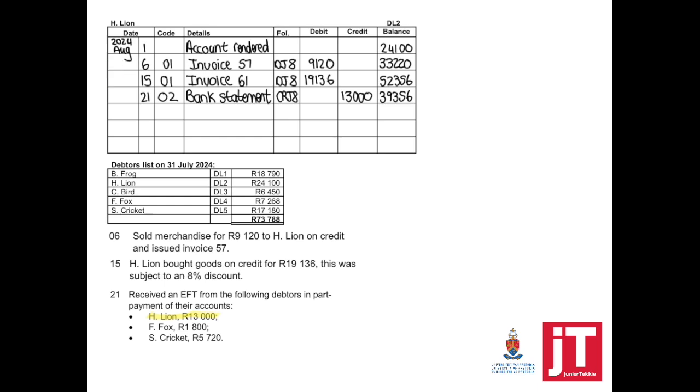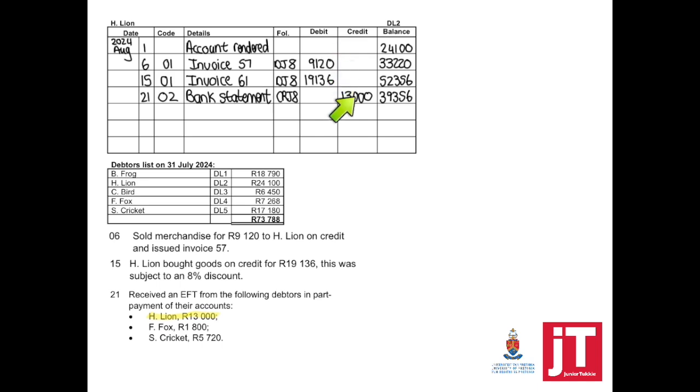And then we have to post all the transactions that happened during that month to the individual's account. Every time you see debtors journal, it means my source document is invoice on the debit side. From the cash receipts journal, it's either going to be duplicate receipt or bank statement.